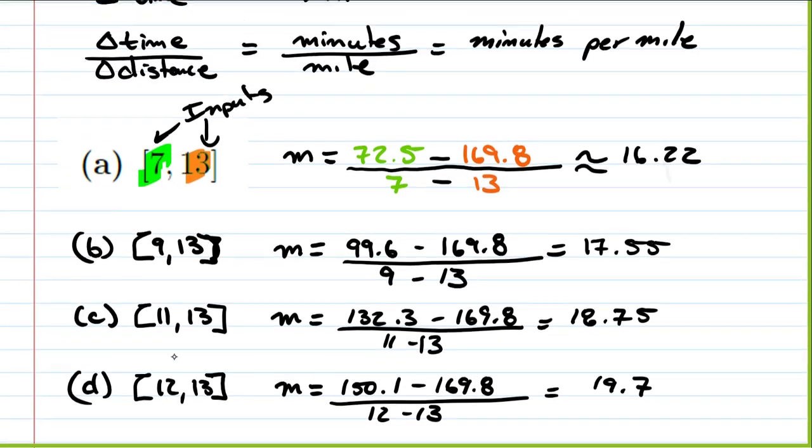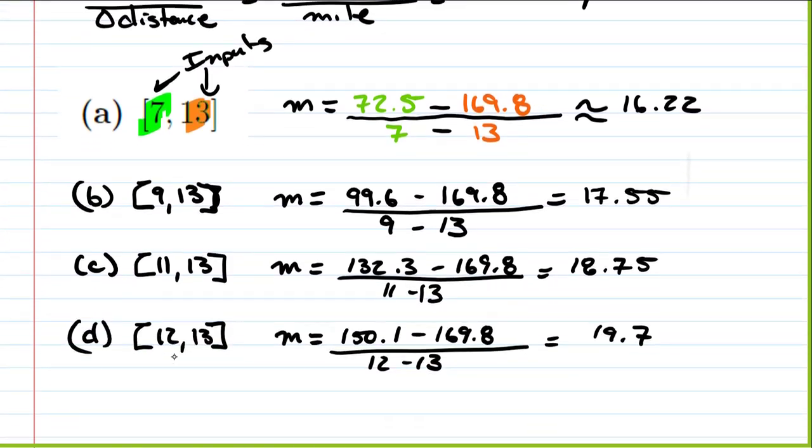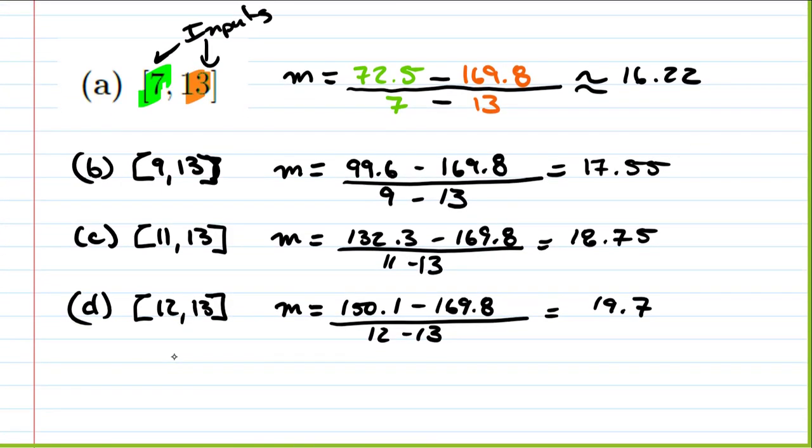So remember, our units were minutes per mile. So their average pace from mile 7 to mile 13 was 16.22 minutes per mile. From 9 to 13, it was 17.55. From 11 to 13, it was 18.75. And from 12 to 13, it was 19.7. So that means the further they go in the race, it appears that their average rate is slowing.